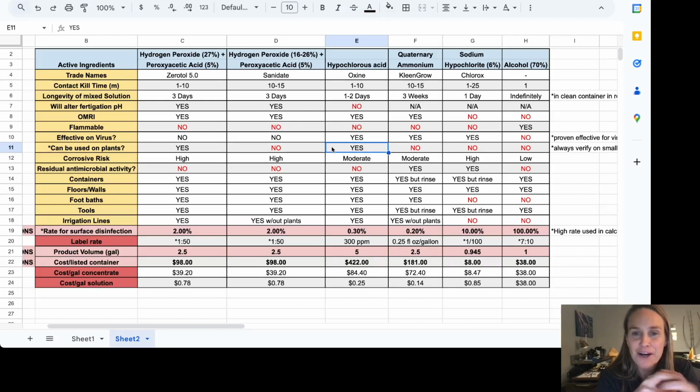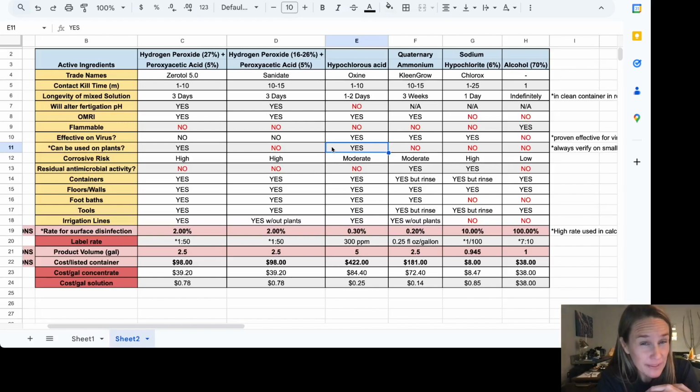And I'm going to stop here and just say that there's a lot of companies out there that are pushing the use of hypochlorous acid, which, again, the more I read about it, the more I use it and get experience, the more I like it. But we don't necessarily know what the effects are of adding large amounts of hypochlorous acid to our plants, whether it's foliar or root drench.